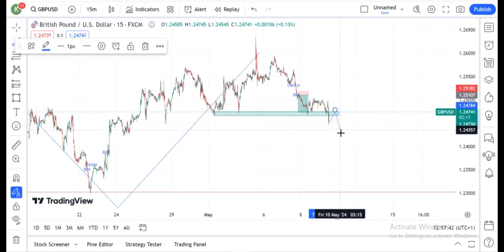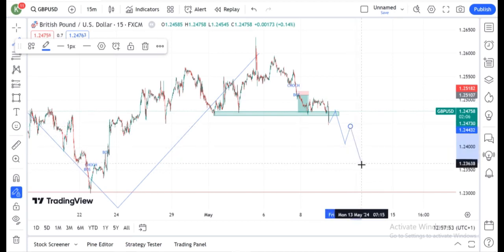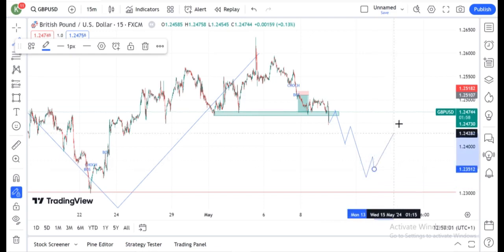Come like this, fail again, then come like this, then like this, and then fail, and then most likely push up.